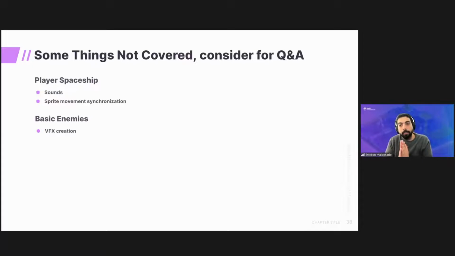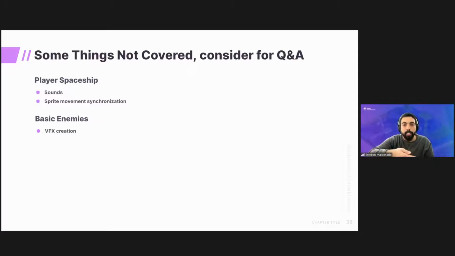Okay, some things that I didn't cover, and please consider those for when we get to questions and answers. I did not go over playing sounds, sprite movement, synchronization. You may have seen that when I was moving the player character, the spaceship, I actually changed sprites, and it was synchronizing across all the clients.